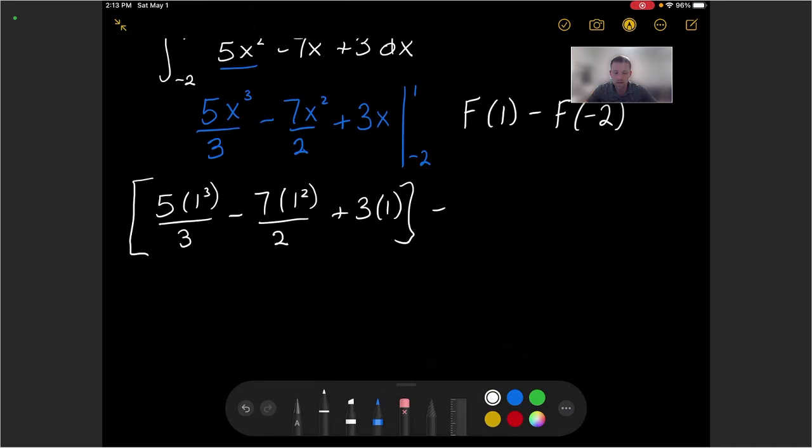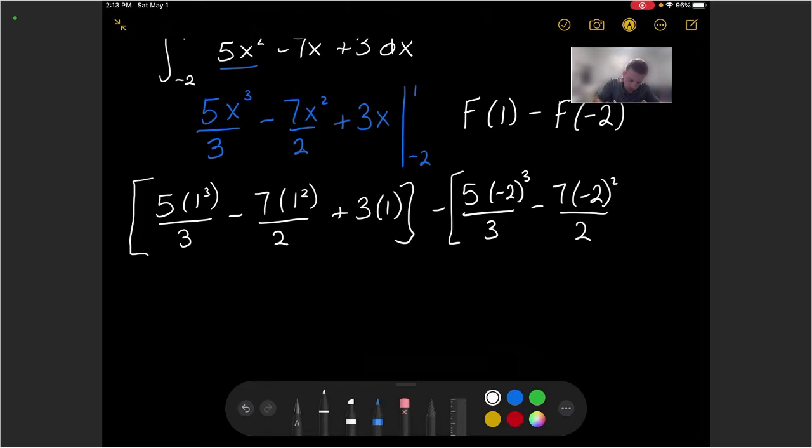Subtract that from the evaluation at -2, so we'll have 5 times -2 quantity cubed over 3 minus 7 times -2 quantity squared over 2, and then finally plus 3 times -2.